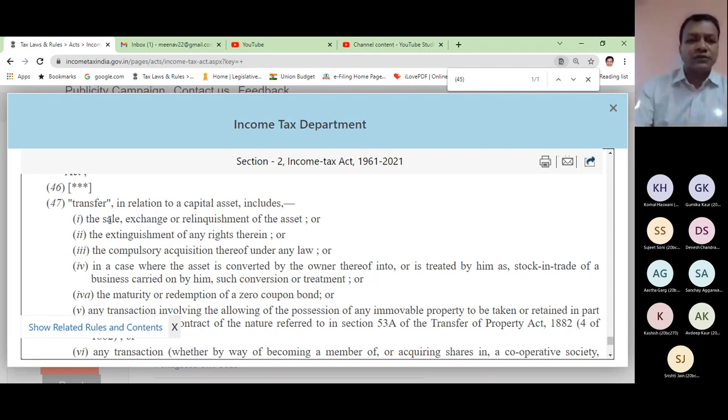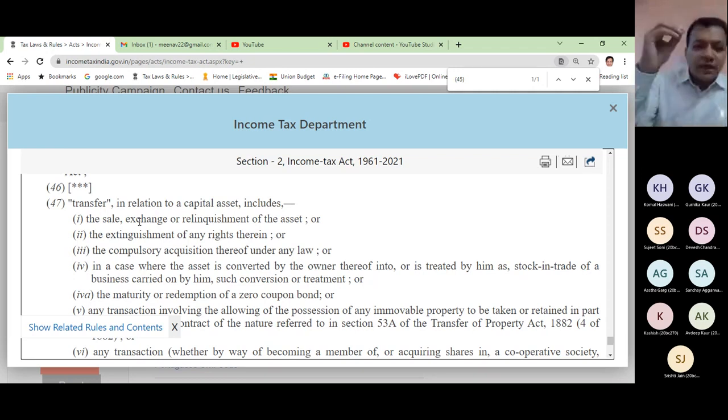Sale, every sale is a transfer. Exchange: just because I exchanged my house with my friend for his Mercedes, it does not mean that I have not transferred the house, or that my friend has not transferred his Mercedes. You cannot say that we have not transferred it, we only exchanged it.